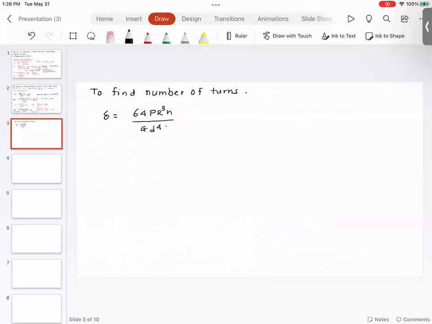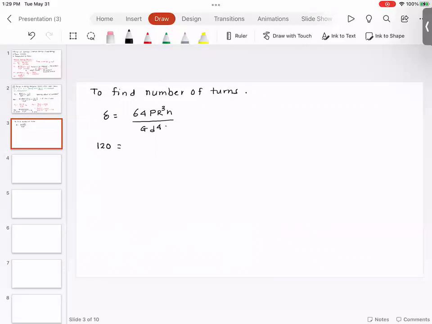Now, one thing I want you to understand is they have given us the elongation. How much is that elongation? 120 millimeters. They have also given us the load, which is 300 newtons.